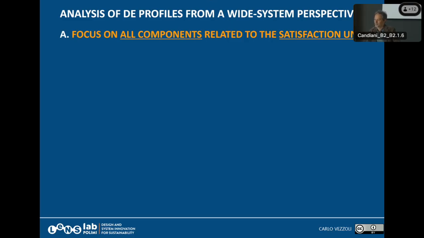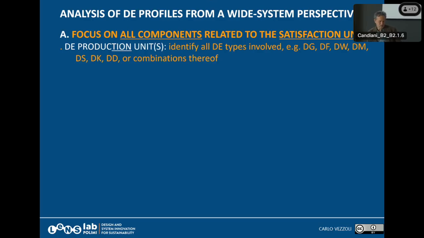But it could be whatever, like having clean clothes or something else. So the components. The first component is the distributed economy production unit. We have to identify, in relation to the satisfaction unit, which types of distributed economy production unit are involved.